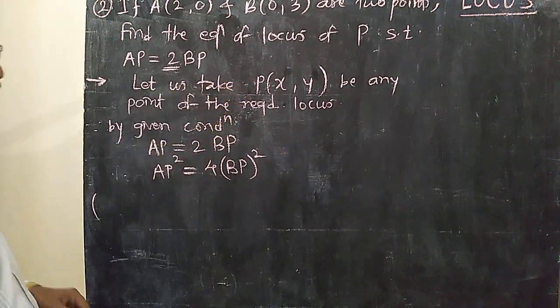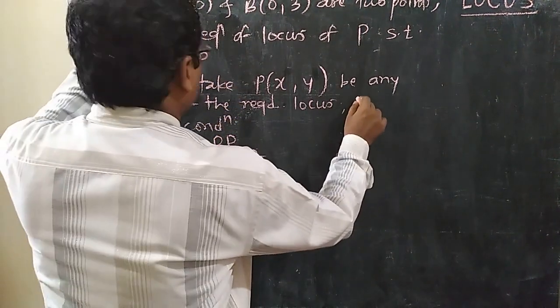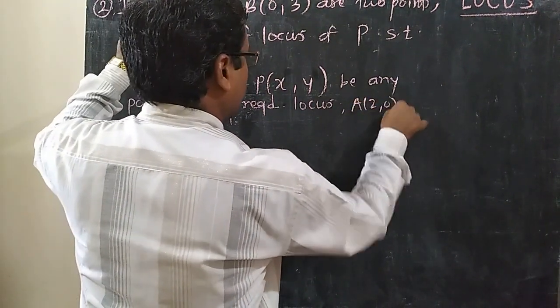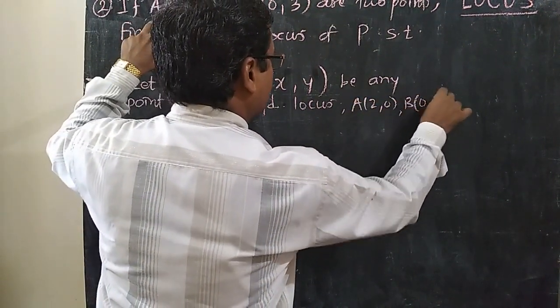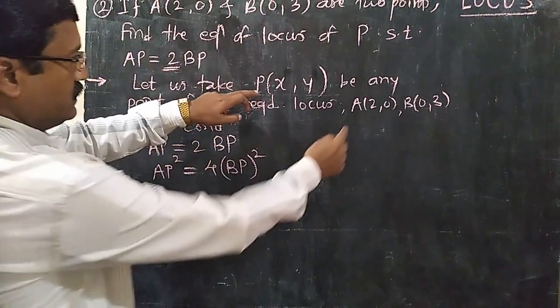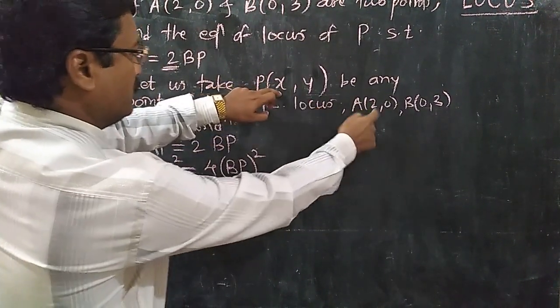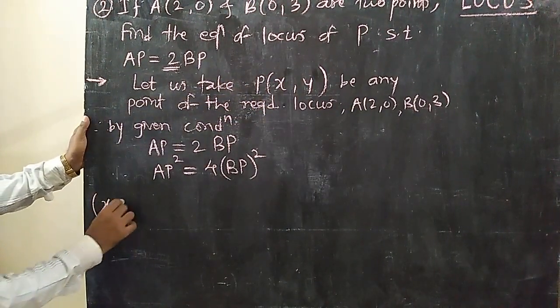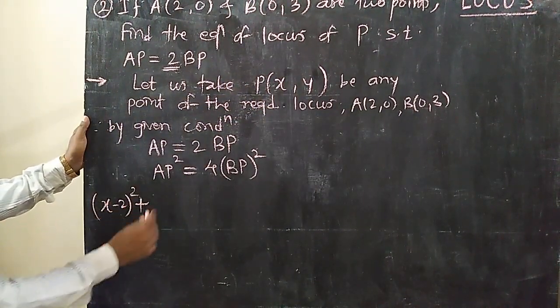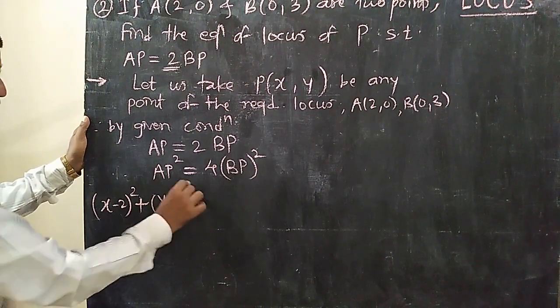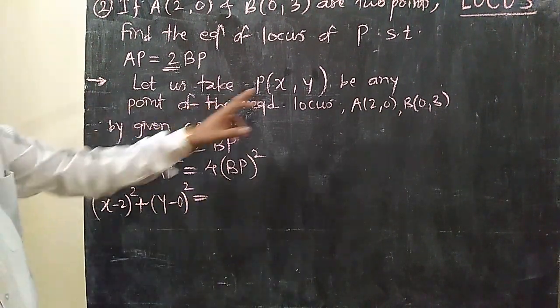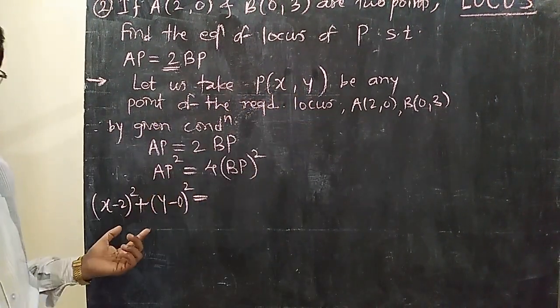You can write points A as (2, 0) and point B as (0, 3). So distance AP is the distance to P, that is (x minus 2) bracket square plus (y minus 0) bracket square. This is the LHS.